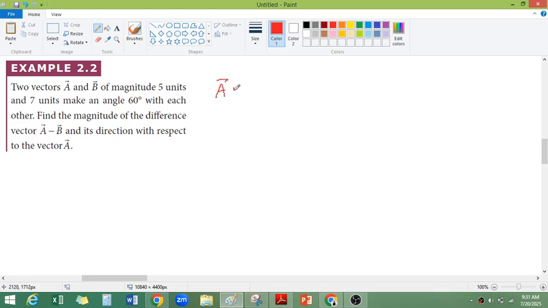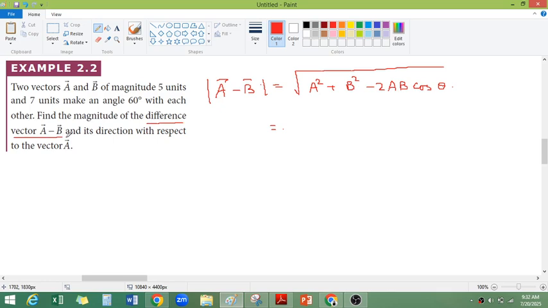So for A minus B magnitude, instead of plus, you will get minus because they are asking to find the difference vector. So A squared is 5 squared, plus 7 squared, minus 2 into 5 into 7 cos 60.